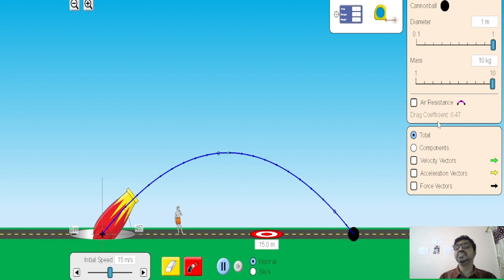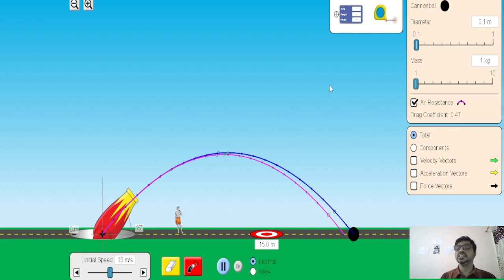But when air resistance is present, which is going to be closest to this ideal situation? That's what we want to understand. So let's go with air resistance included, with the drag coefficient 0.47. Let's go with the first situation, where you have the least mass and least size, and project it. You see that it is going to fall somewhere here. That is case 1.